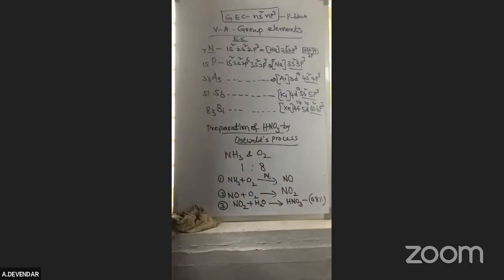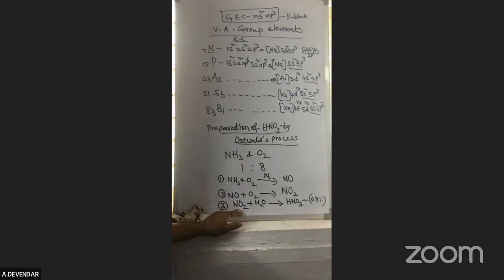This is passed into the cooling chamber, where a small amount of oxygen reacts, forming nitrogen dioxide. This nitrogen dioxide obtained from the cooling chamber is passed to the absorption chamber.